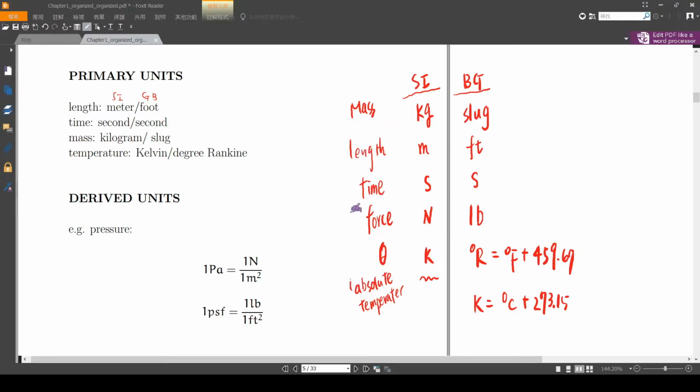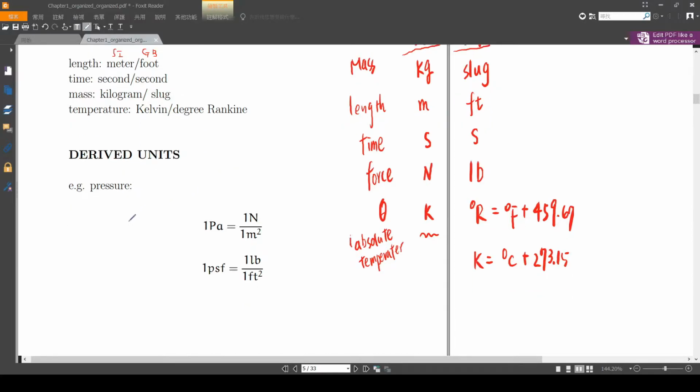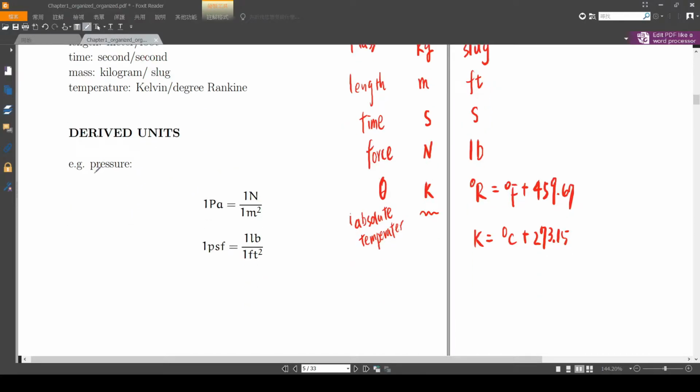We give you an example. Is the pressure part? Pressure. What you have learned in high school tells you that the pressure is equal to the force per unit area, right?